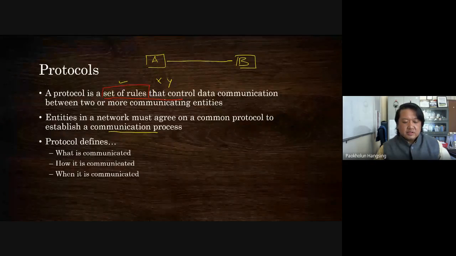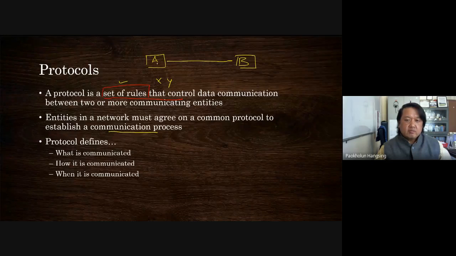Now, it is very simple. Like in human communication, when A and B are speaking to each other, we have to speak in a language that A and B both understand.